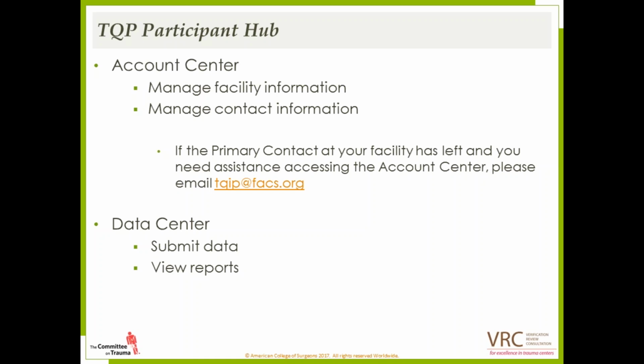But I really want to stress how important it is for you to update that information on your account center page. The reason being is that we're encountering some challenges in having the correct staffing when we're ready to release the report and the letter.